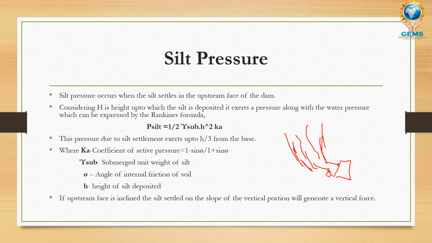This should be calculated according to Rankine's formula, which I have noted here: half into gamma sub, the submerged unit weight of the silt on the upstream portion of the dam, into H squared, where H is the height up to which the silt has been deposited, and Ka is the coefficient of active pressure, which is due to this silt deposition.